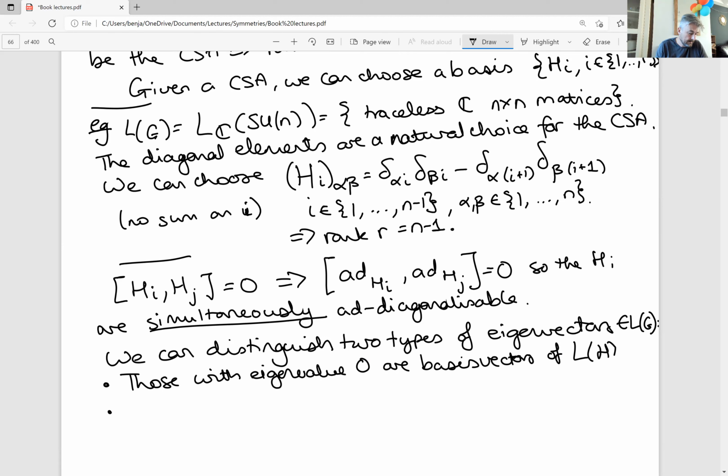And since the Cartan subalgebra is maximal, all remaining eigenvectors must have non-zero eigenvalues.